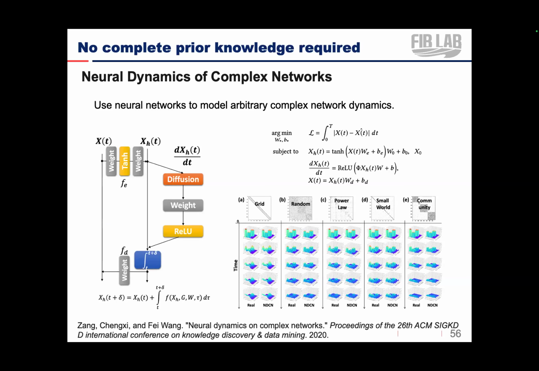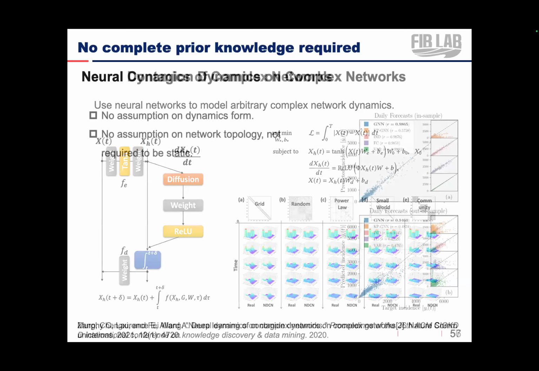So it's trained to minimize the difference between predicted and real trajectories, working for any topology, for example, grid, power law, and so on. And this is a breakthrough step for this field.